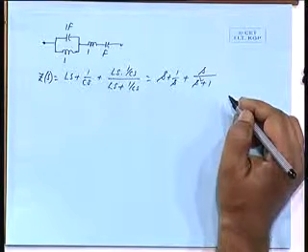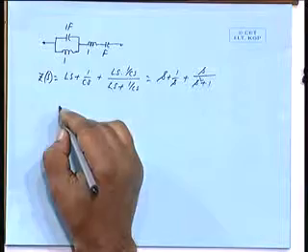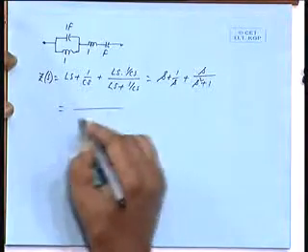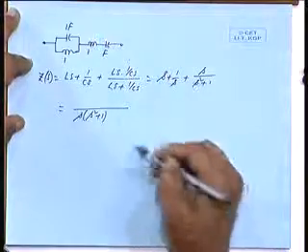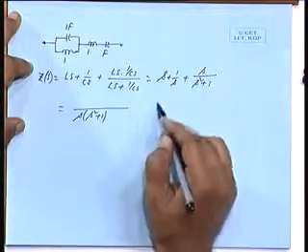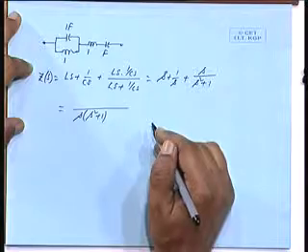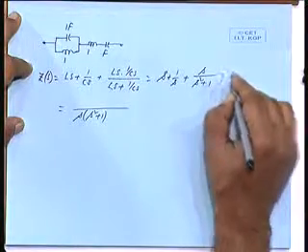Is that all right? So that gives me S by S squared plus 1. This is S squared. What will be the numerator like?